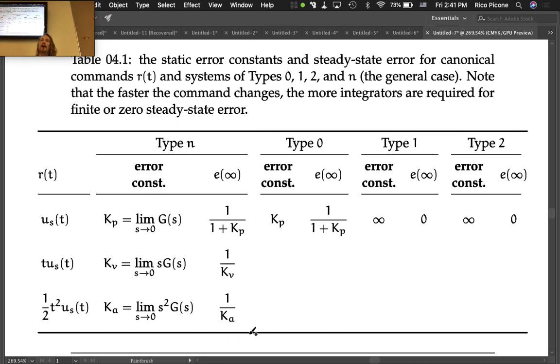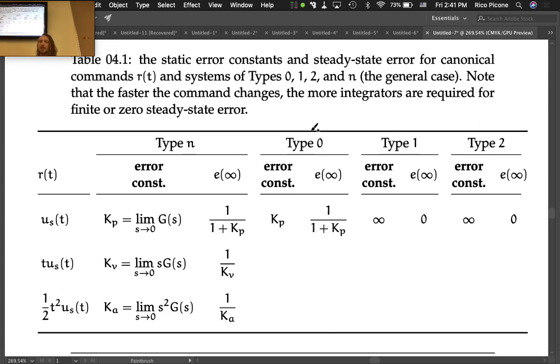If you have any type n system, you can go to this table and look up the steady state error for a unit step, unit ramp, or unit parabola based on this column. For type 0, type 1, type 2, we're just going to evaluate what this type n column would look like if you know how many integrators there are in your forward path transfer function G.